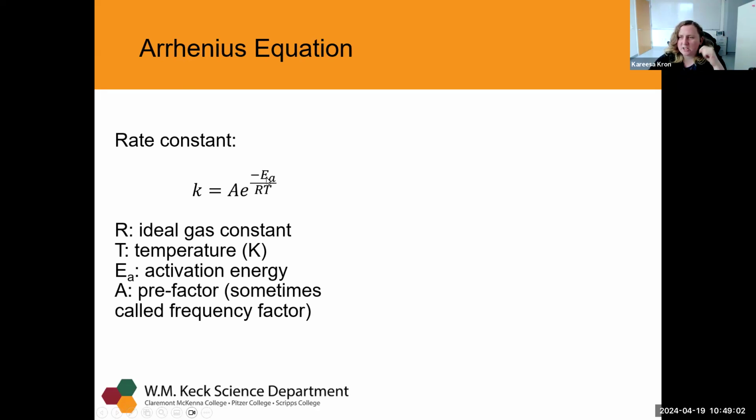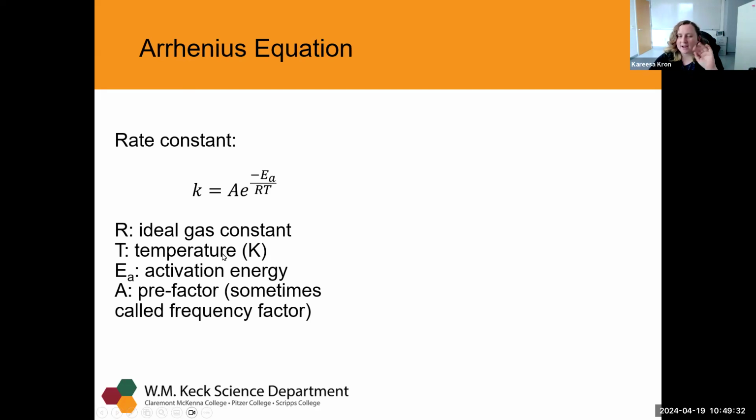So if an activation energy is really high, then the minimum energy to do that reaction is high, and it makes it less likely that the reaction will proceed, so k will be smaller. If you have a higher temperature, then it reduces the sort of importance of activation energy, because that means that each individual molecule has more kinetic energy, because temperature is a measure of kinetic energy.